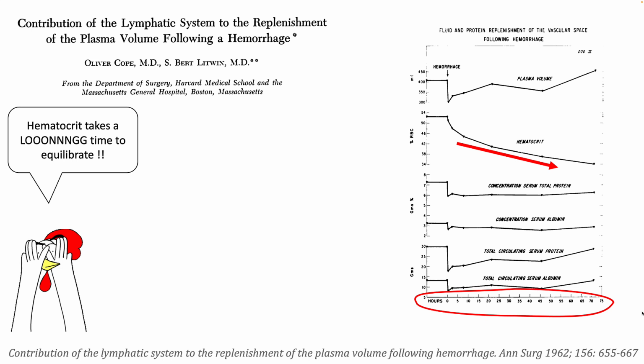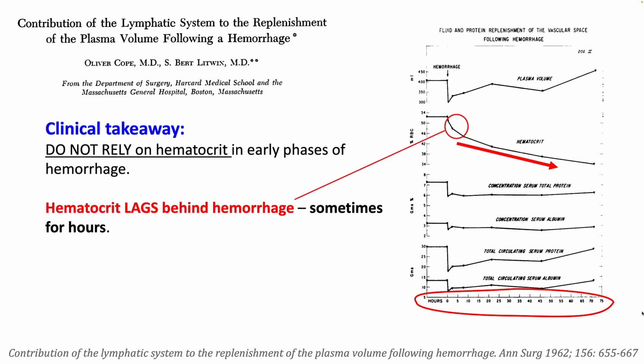And looking at the same study, you can look at the hematocrit, and it's very interesting that hematocrit takes a very long time to equilibrate, and sometimes it takes many hours. And this is really important when you have a GI bleeder: do not rely on hematocrit in the early phases of hemorrhage, because hematocrit lags behind hemorrhage.